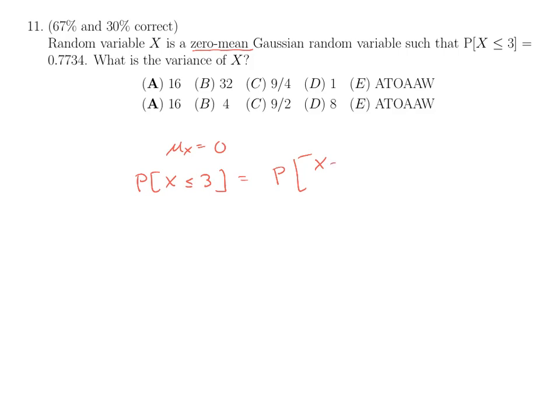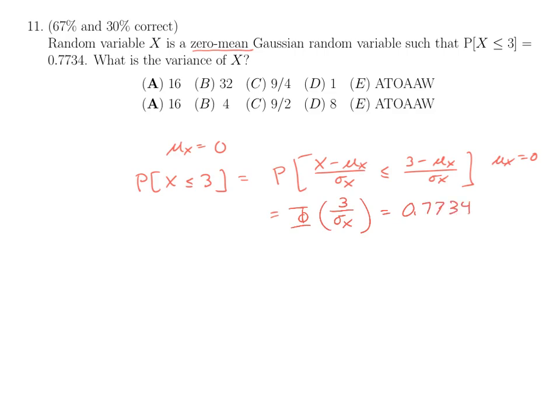So that's the probability x minus its mean over sigma x is less than or equal to 3 minus the mean over sigma x. But mu x is 0 and sigma x is unknown. So this is equal to phi of 3 over sigma x.